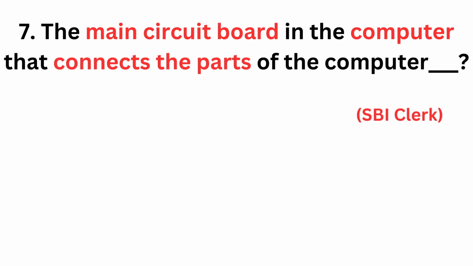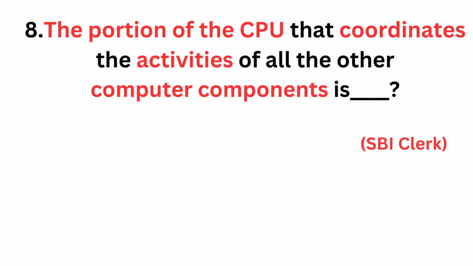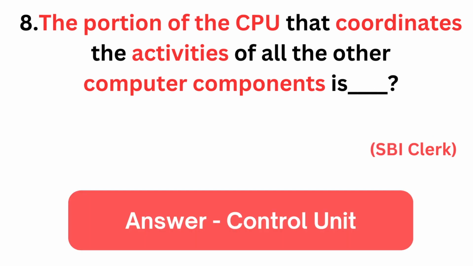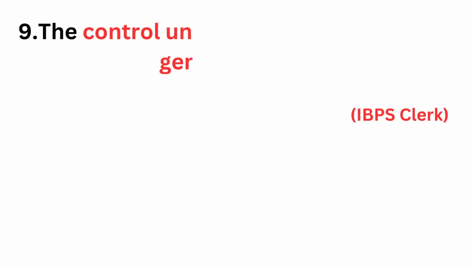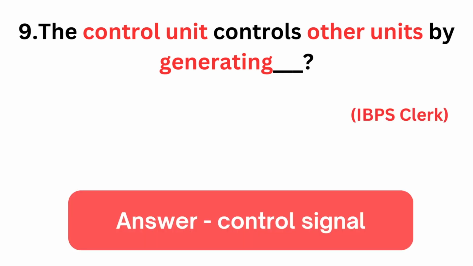The main circuit board in the computer that connects the parts of the computer. What? Motherboard. The portion of the CPU that coordinates the activities of all the other computer components is what? Control unit. The control unit controls other units by generating what?